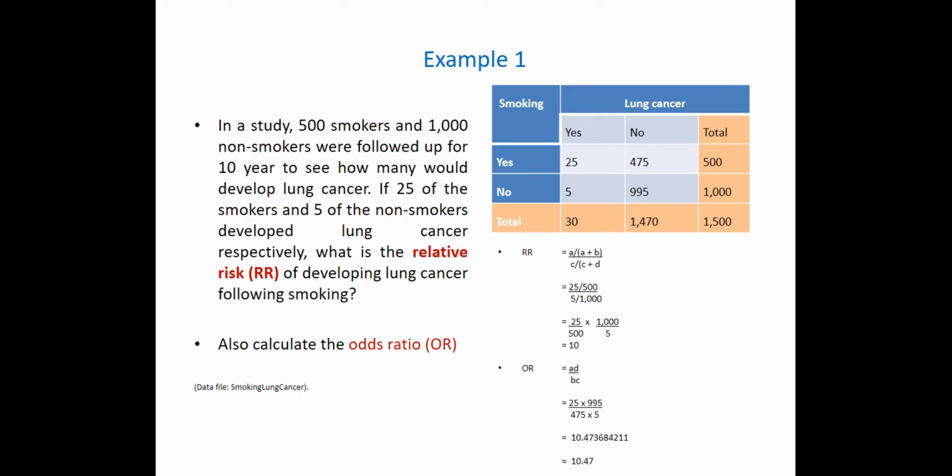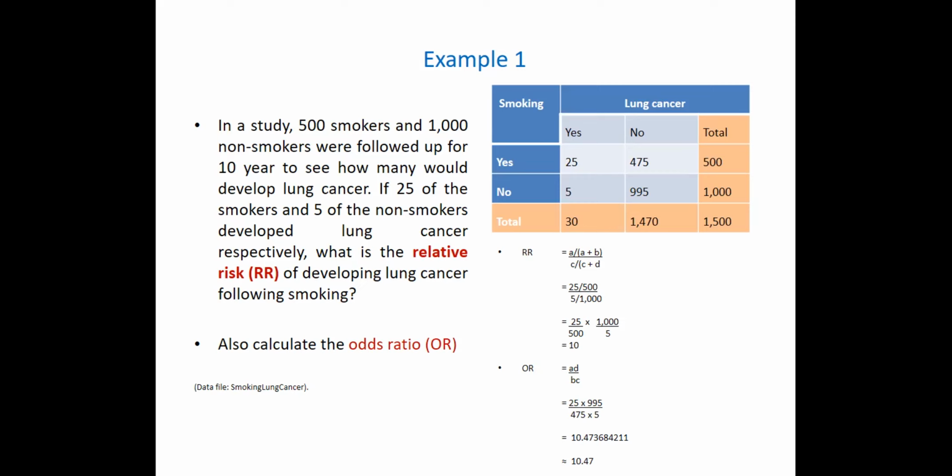This is a cohort study because we start with smokers and non-smokers, and later see if they develop lung cancer. If 25 of the smokers and 5 of the non-smokers develop lung cancer, respectively, what is the relative risk of developing lung cancer following smoking?